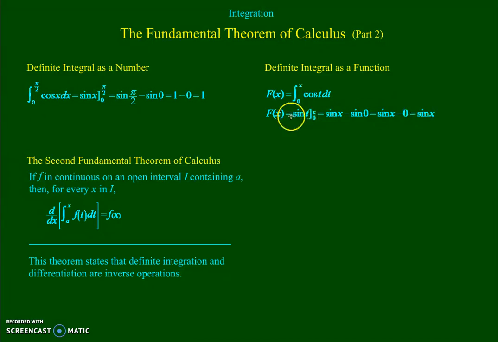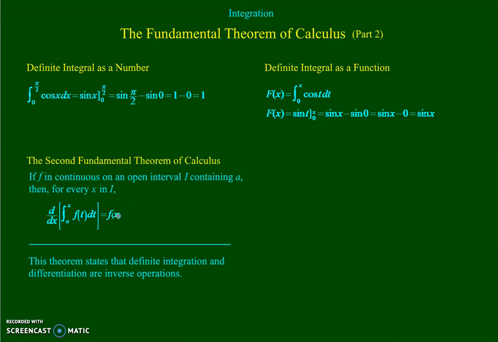And that rule is summarized in what's known as the second fundamental theorem of calculus. If f is continuous on an open interval I containing some value a, then for every x in I, the derivative of the definite integral from a to x of some function f of t dt is equal to the function evaluated at that upper limit.